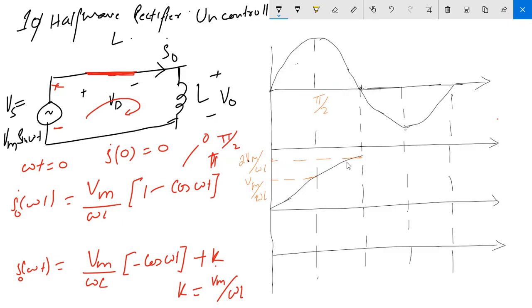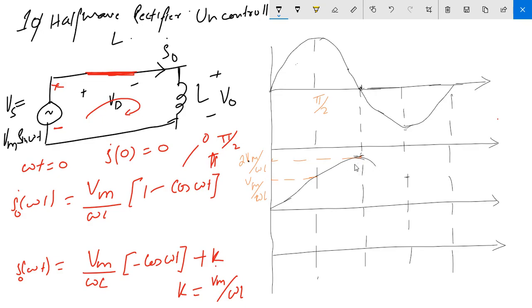The value will be like this only. The waveform will show you the nature of why we are saying inductive load is very difficult to understand.